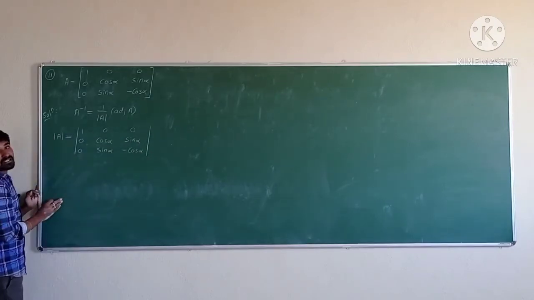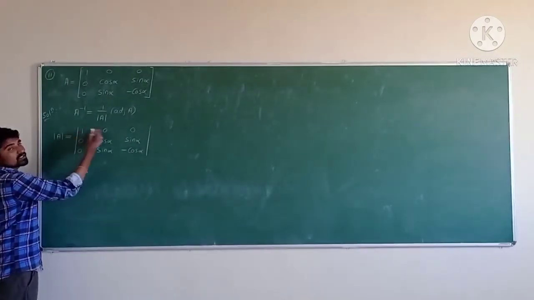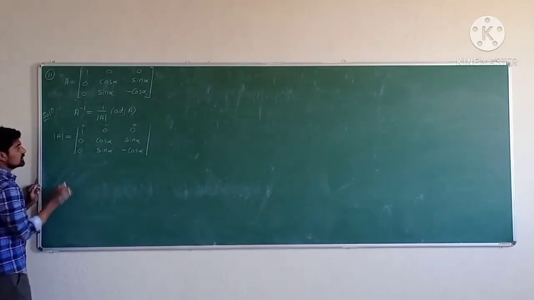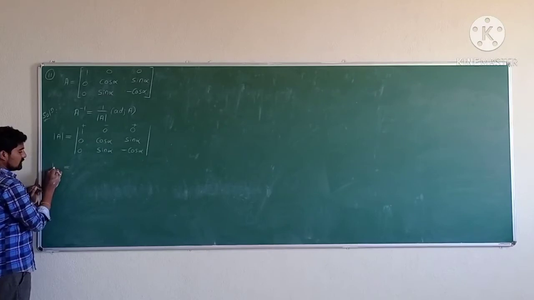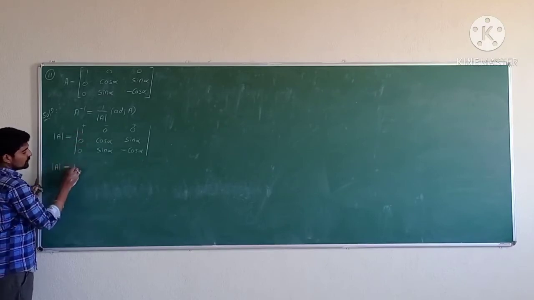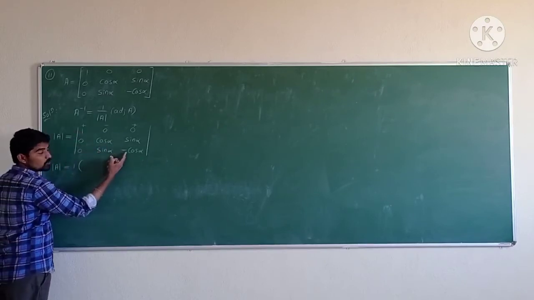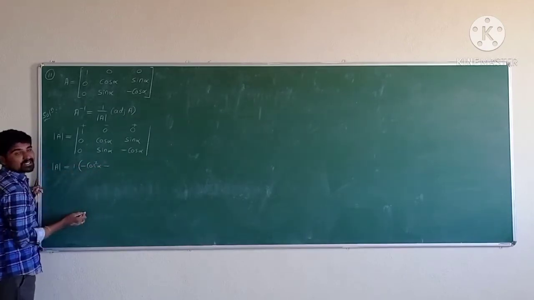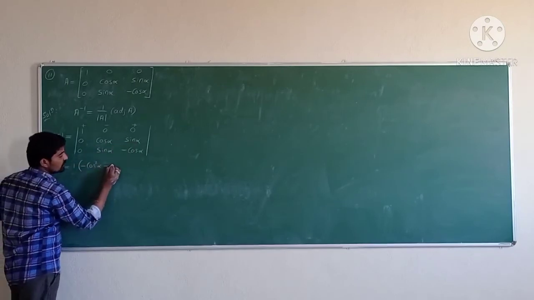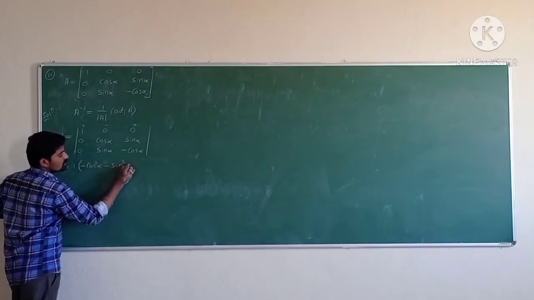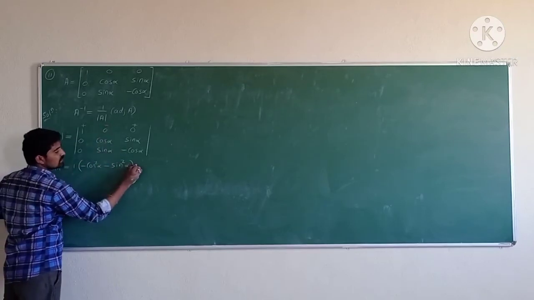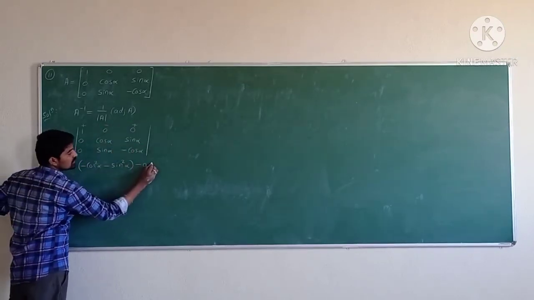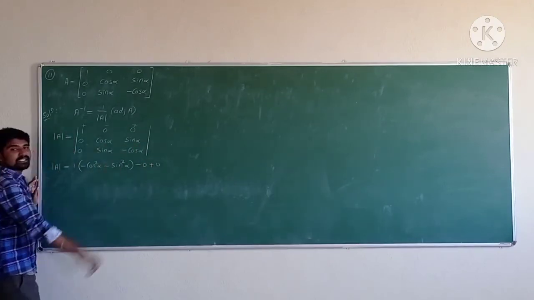This is a third order determinant, and the sign which is associated to the first row is plus, minus, plus, which is equal to 1 into cos alpha into minus cos alpha, minus cos square alpha, minus sin alpha into sin alpha, sin square alpha, minus 0 into anything 0, plus 0 into anything 0.